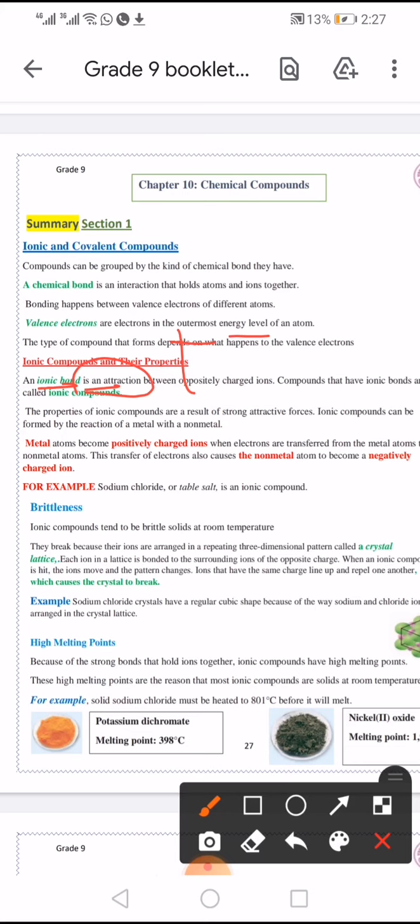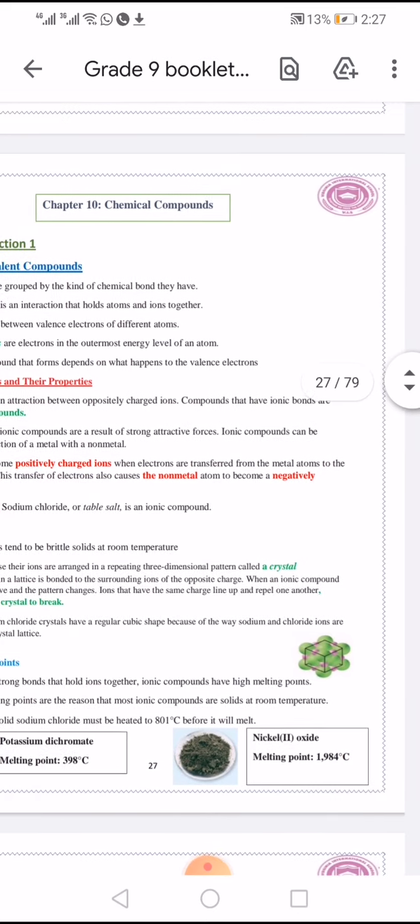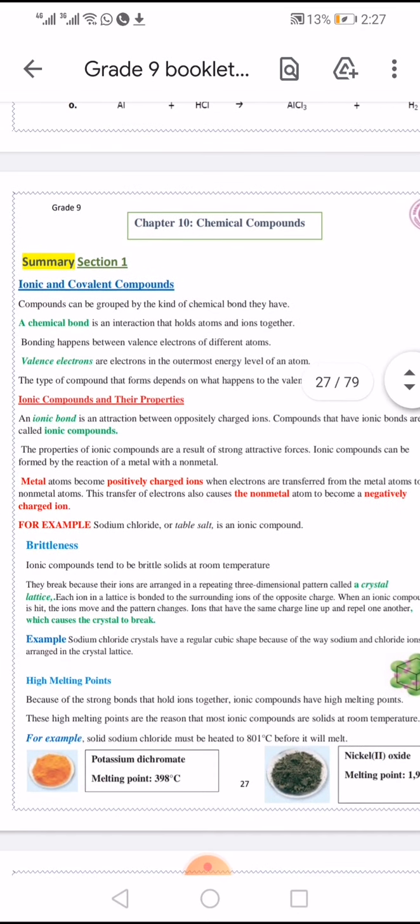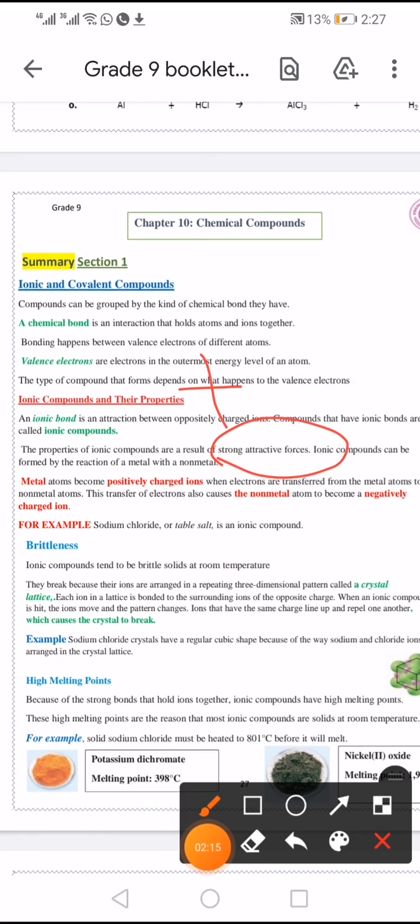This bond that forms between positive and negative is called an ionic bond. Compounds that have ionic bonds are called ionic compounds. The properties of ionic compounds are a result of strong attractive force between positive and negative.